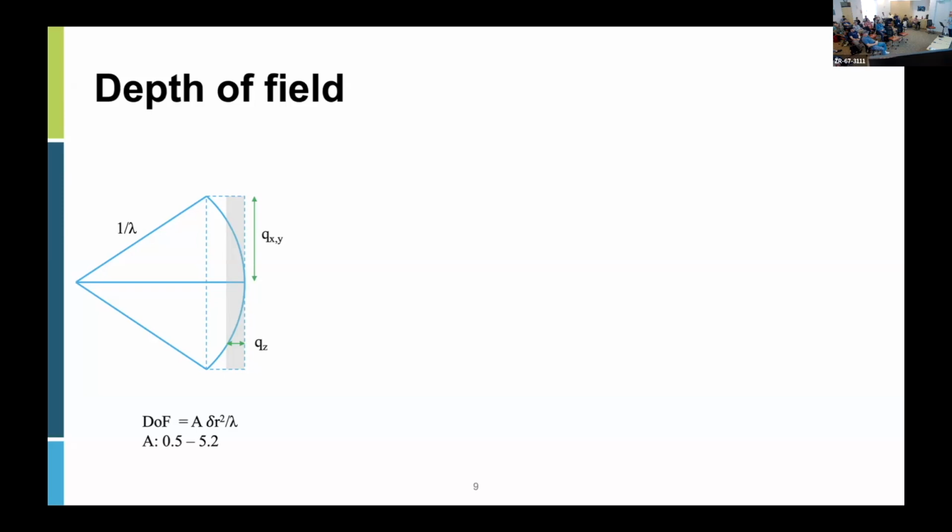In theory, the depth of field scales with the target resolution squared over lambda, and depending on what criterion you're using, this scaling factor can vary from 0.5 to 5.2, but nevertheless, the depth of field will shrink quadratically with the target resolution.